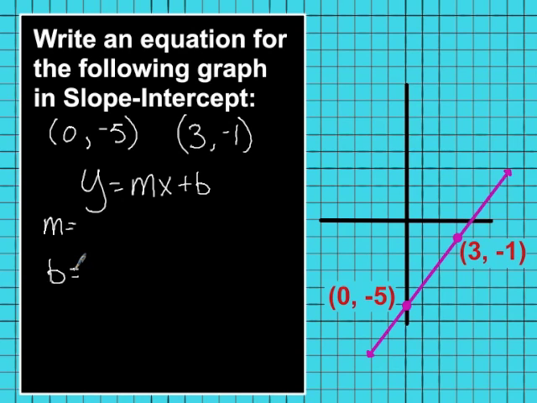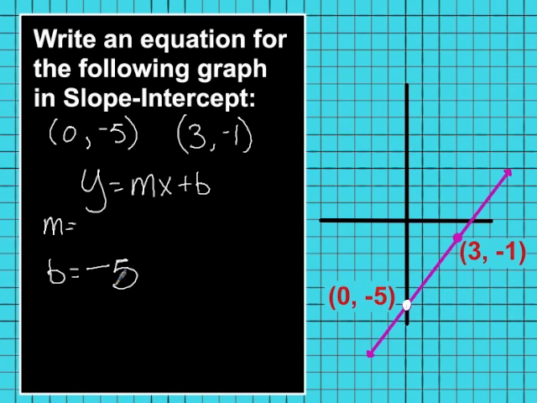If we look at our graph, I'm going to get the y-intercept right out of the way. This is our y-axis. We need to figure out where the line crosses it, and we can see that it crosses at (0, -5). So our y-intercept is 1, 2, 3, 4, 5 in the negative direction, so our y-intercept is -5.